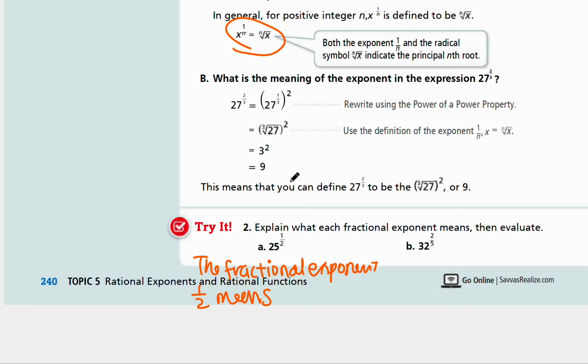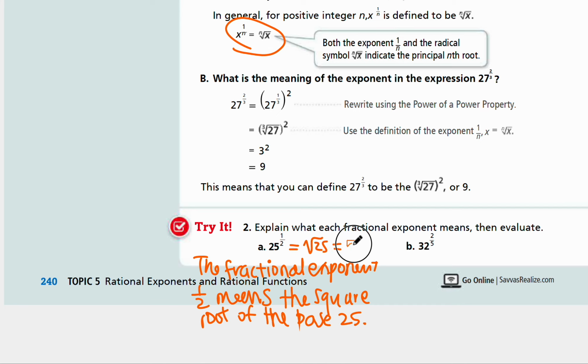The nth power, nth root. Second root, or the square root, means the square root of the base 25. And so how can we evaluate this and make it simple? So 25 to the power of 1 over 2 is just the square root of 25, which is just plus or minus 5, right?